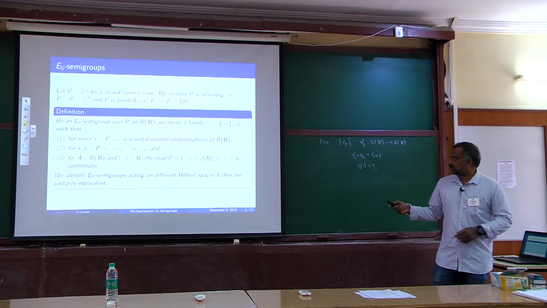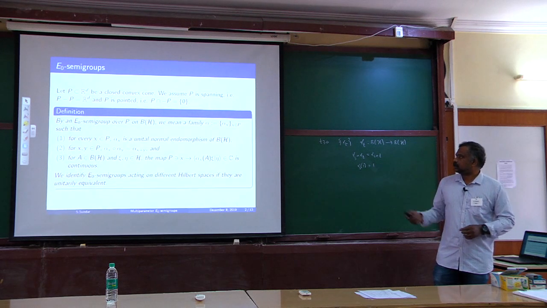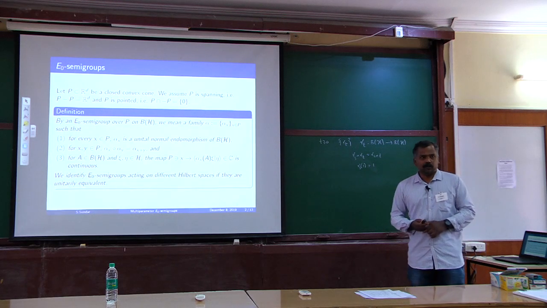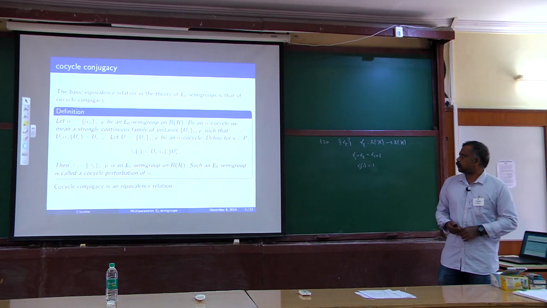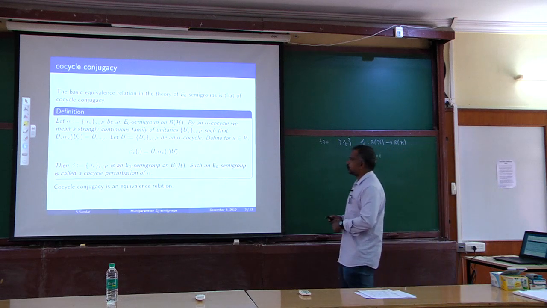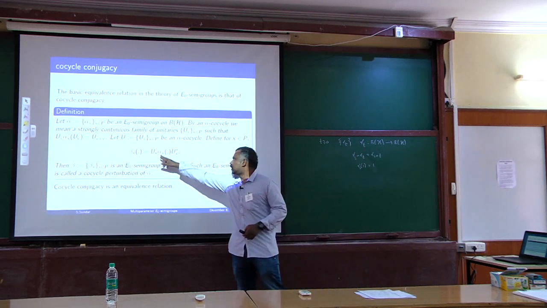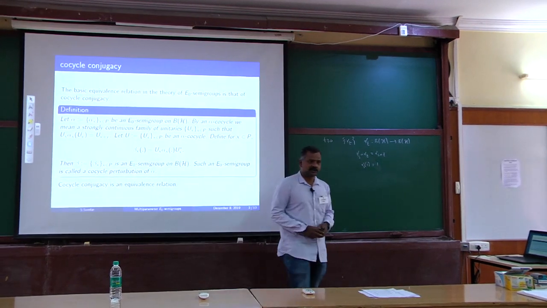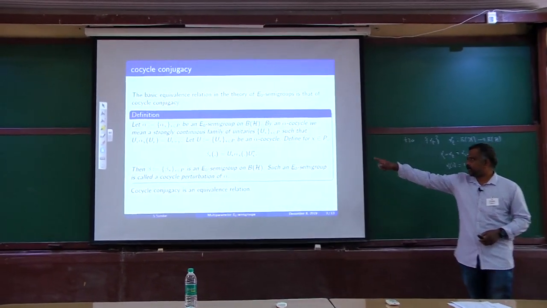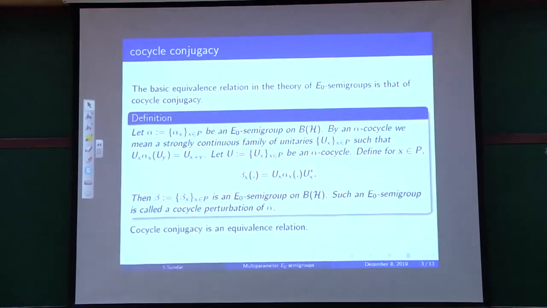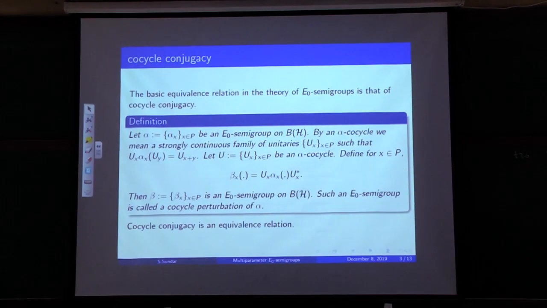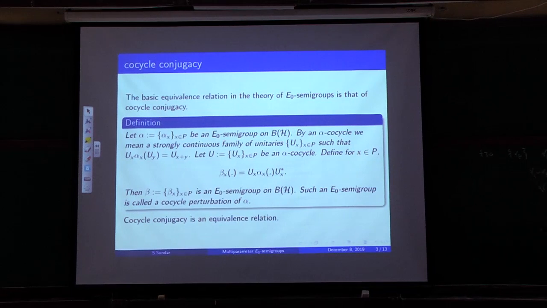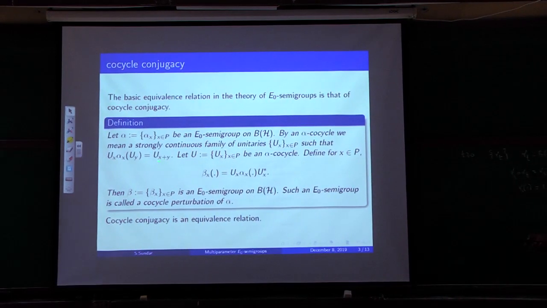Okay, classifying E0 semigroups up to unitary equivalence is a difficult problem. The basic equivalence relation in the subject is that of cocycle conjugacy. So you start with an E0 semigroup alpha x and perturb that by a unitary u x. Then beta x will also be an endomorphism, and for beta x to have the semigroup property, u x alpha x (u y) should be u x plus y.